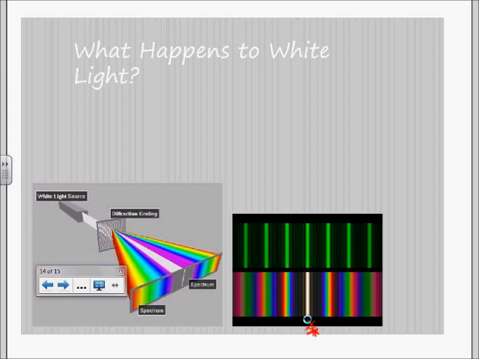But then you start to see a series of spectra, and they start to overlap with each other when you've got the white light. So here's your green lining up with the green, green lining up with the green, but these other colors are all forming their maxima at different angles, and so you start to get these spectral lines being produced.